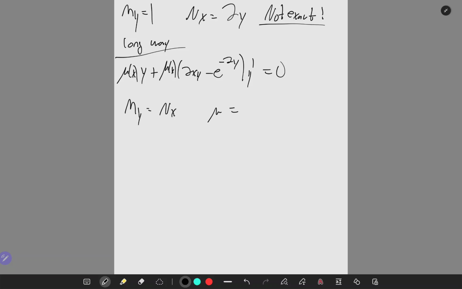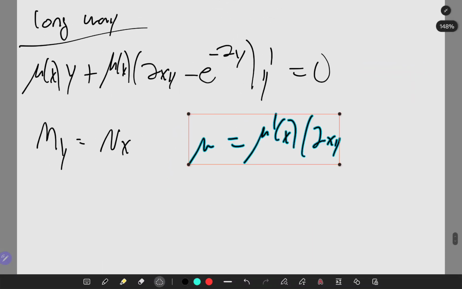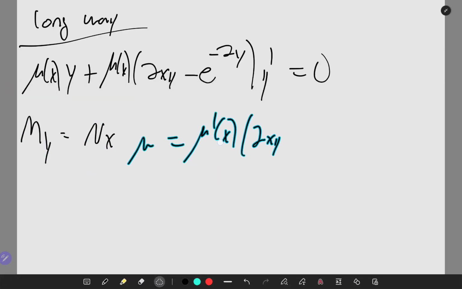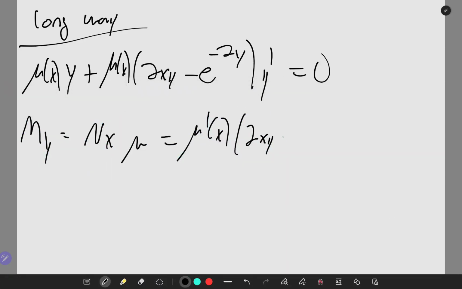Now this right side here, this is gonna be a little more difficult. So we're gonna have this first times the derivative of the second, or I'll do it this way. The second times the derivative of the first, right? So we have mu prime of x times 2xy minus e to the negative 2y.